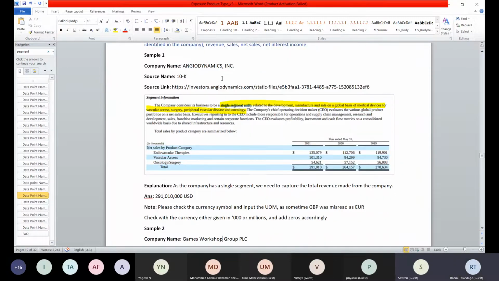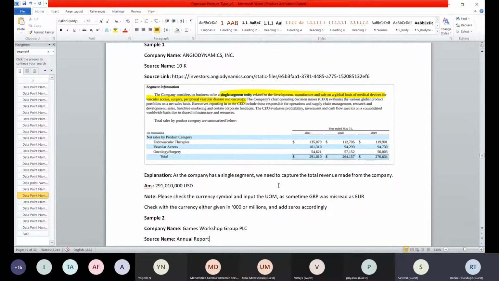Here they have given the revenue information for each product category, right? So we can go with this revenue information. And one more thing: if you are getting any revenue detail for the business segment, you need to check that revenue with the income statement of that company.